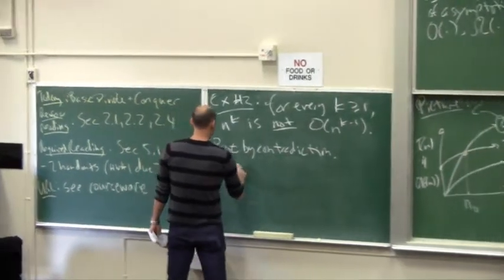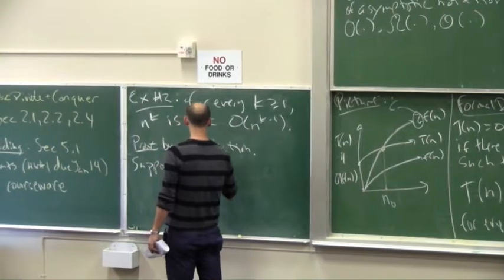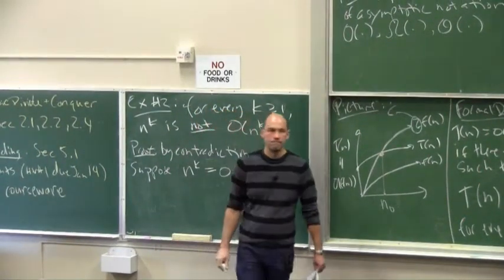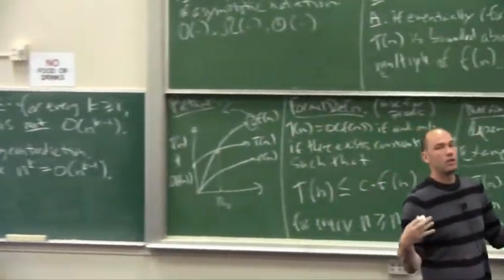So suppose, for contradiction, that n to the k is big O of n to the k minus 1. What do we then know?